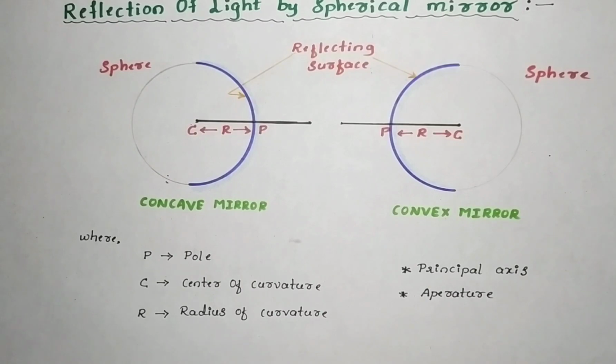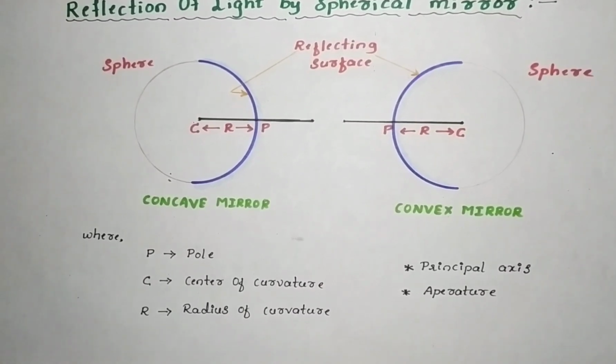For example, spherical mirrors are used by the dentist because they want to enlarge the image of the tooth. So when it comes to enlargement or magnification, we can choose a spherical mirror, because in a spherical mirror we can either increase or decrease the size, or we can increase or decrease the distances.